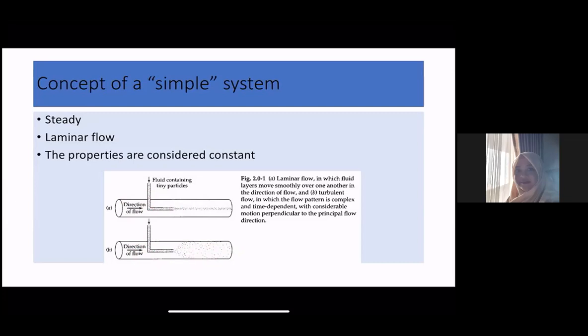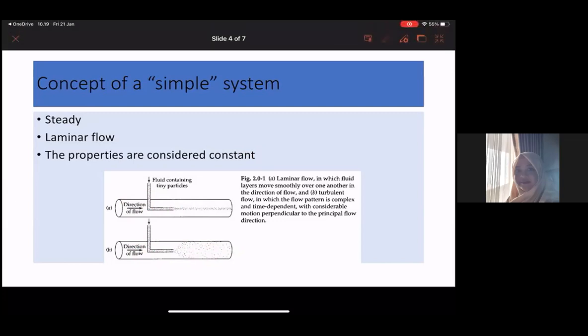Another thing we consider is that the properties are constant. The properties we're looking at are mu, the viscosity, and also rho, the density, and the temperature is all constant.